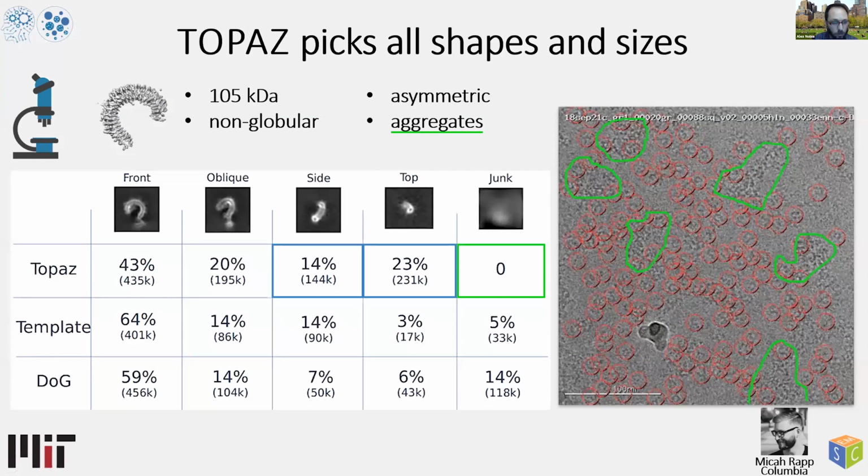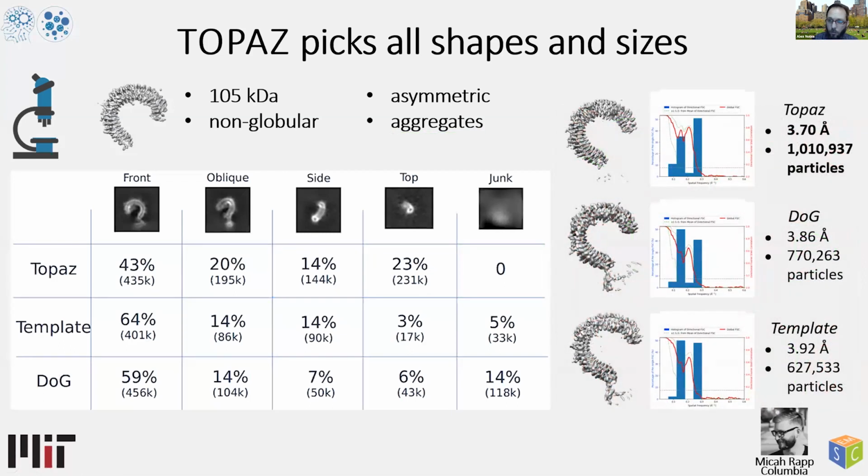He went ahead and reconstructed, and without even doing any filtering of junk, he just directly fed all of the particle picks from Topaz into CryoSPARC homogeneous refinement, and then non-uniform refinement.